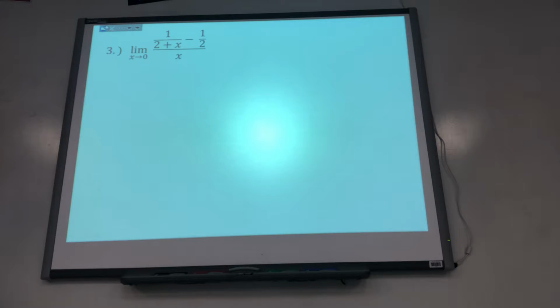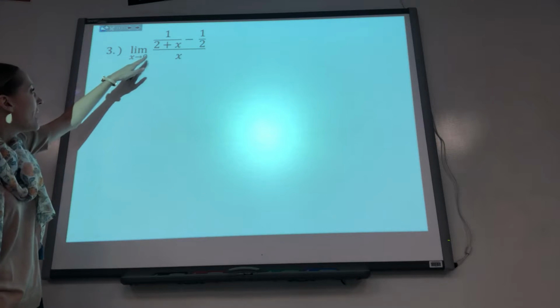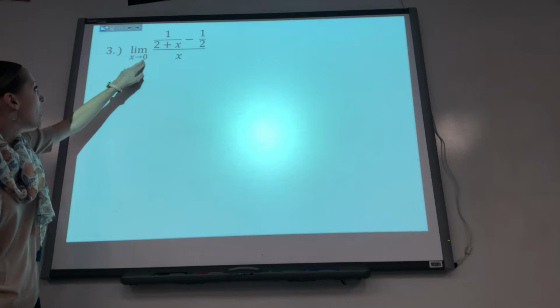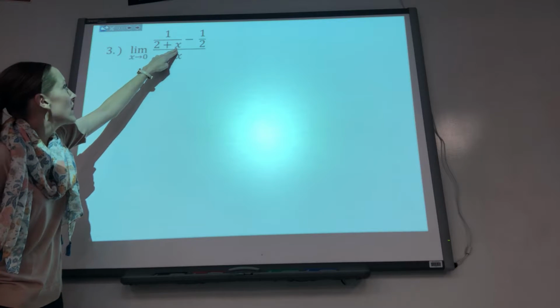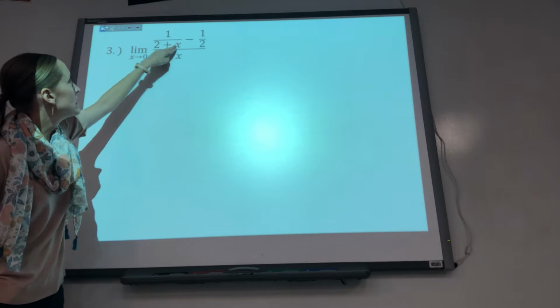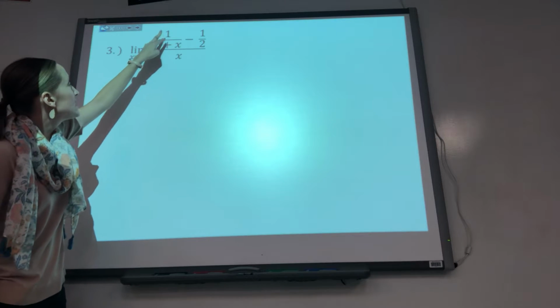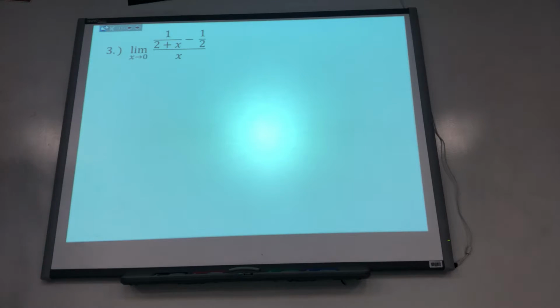Oh boy, we got a lot going on up there. You know, I guess you could try direct substitution first, but you're going to get a 0 on bottom. If you put it in right here, that fraction would just end up being 1 over 2. So 1/2 minus 1/2, that's also going to give you a 0 on top.